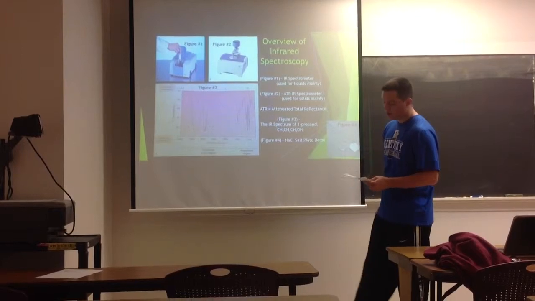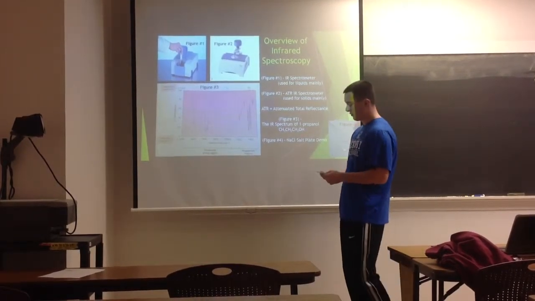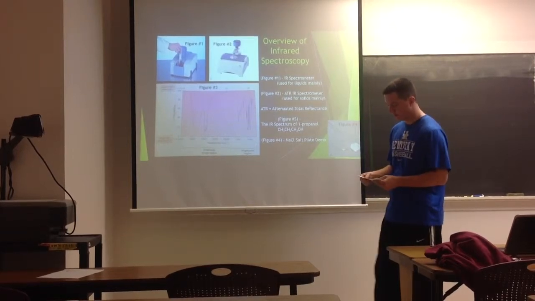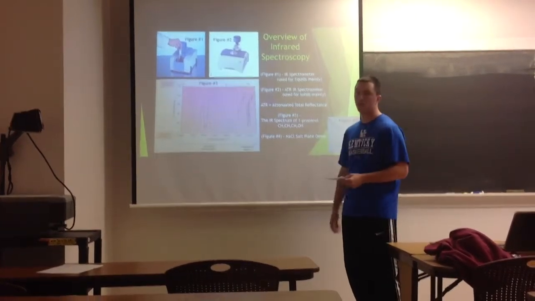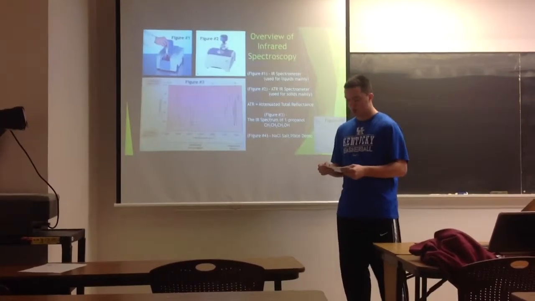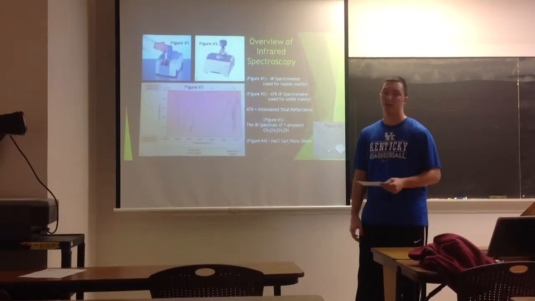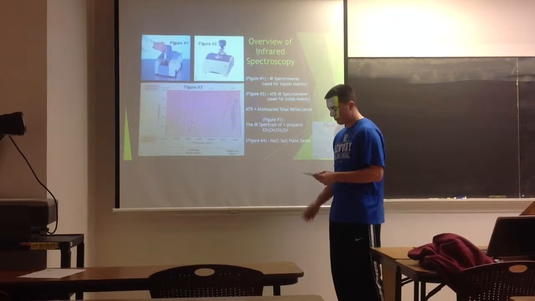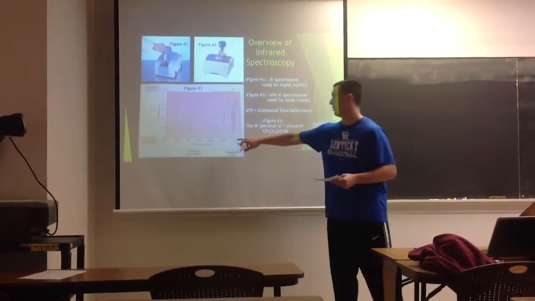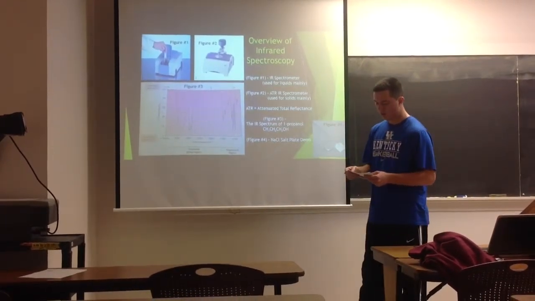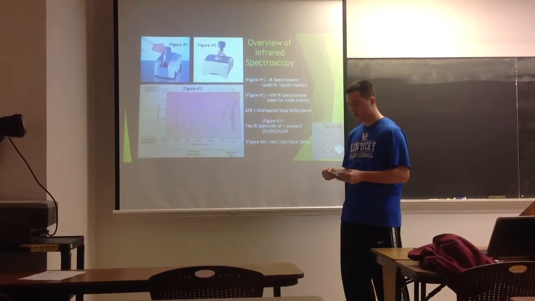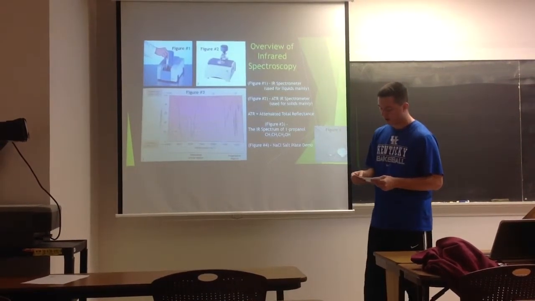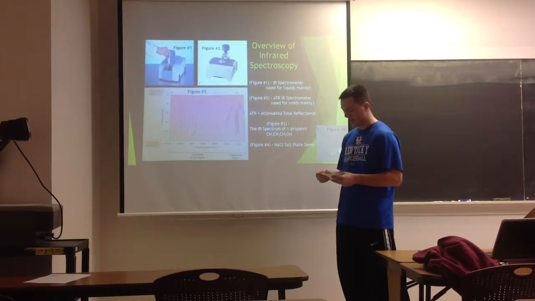Infrared spectroscopy is the spectroscopy that deals with the infrared region of the electromagnetic spectrum. It helps us to identify certain functional groups. For any given sample, which can be a solid, liquid, or gas, we use the infrared spectrometer to produce this spectrum right here. When organic molecules absorb radiant energy in the IR region, specific bonds within the molecule become excited and vibrate.